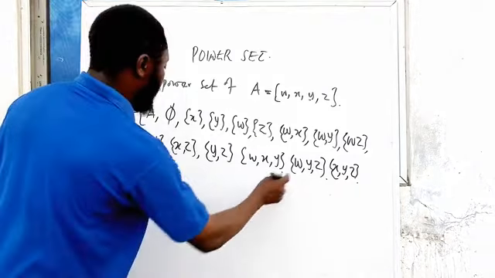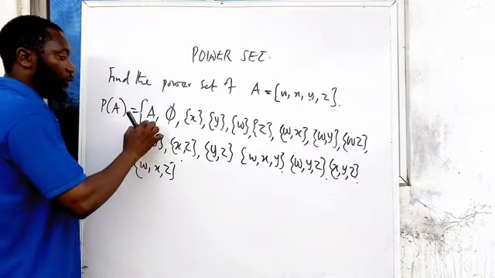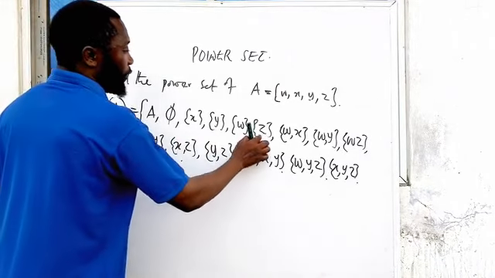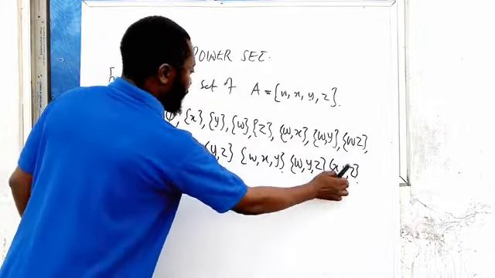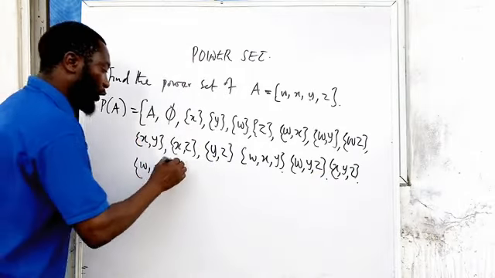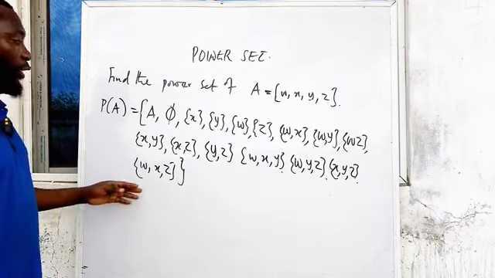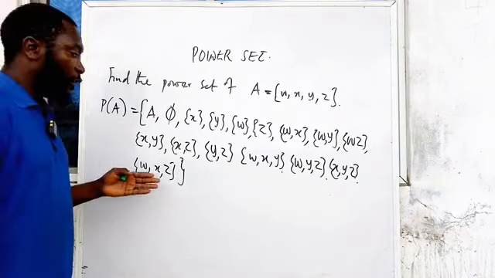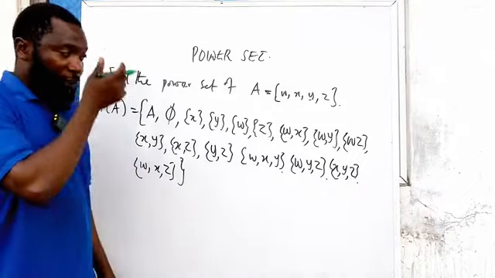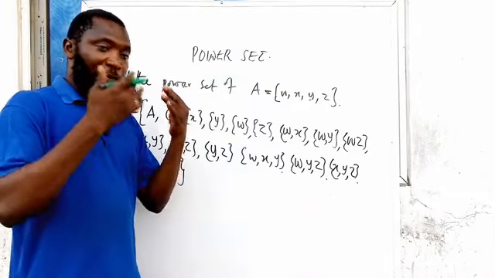YWZ is there. Now, let's count all the subsets we have. 1, 2, 3, 4, 5, 6, 7, 8, 9, 10, 11, 12, 13, 14, 15, 16. So now 16. To confirm that you listed all the possible subsets, use the formula for the number of members of a power set.